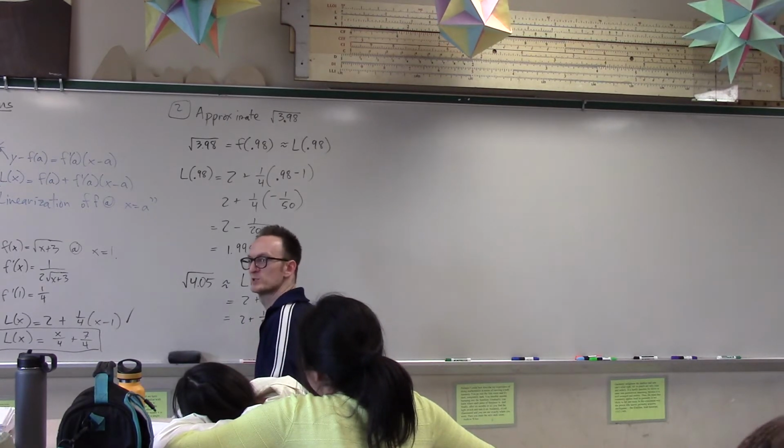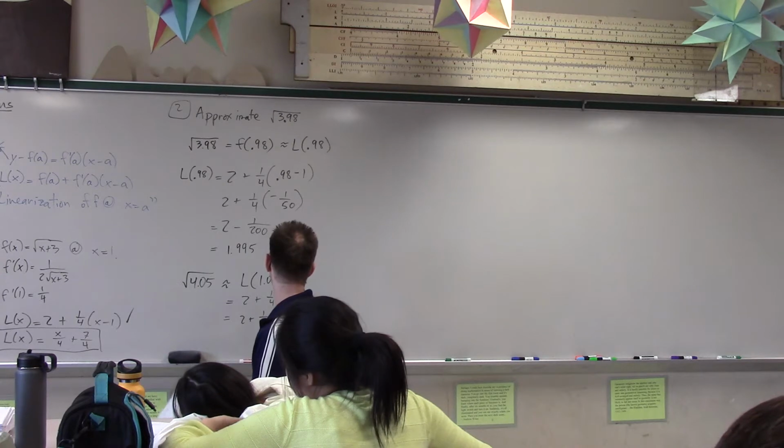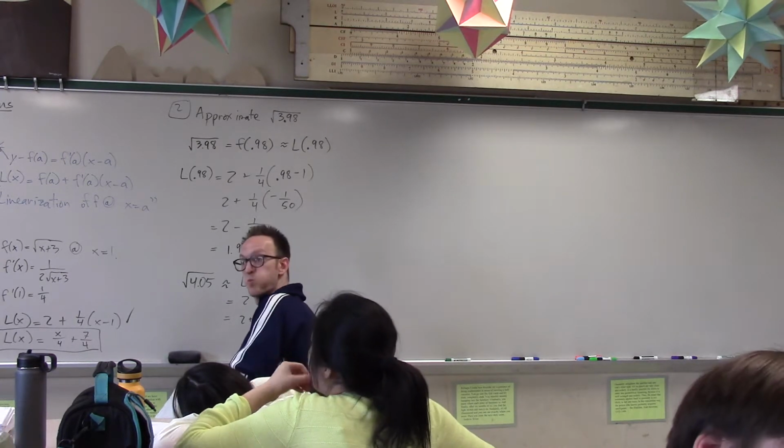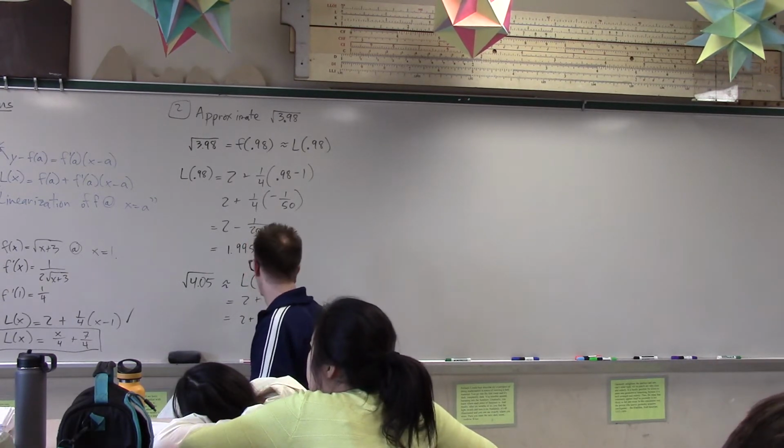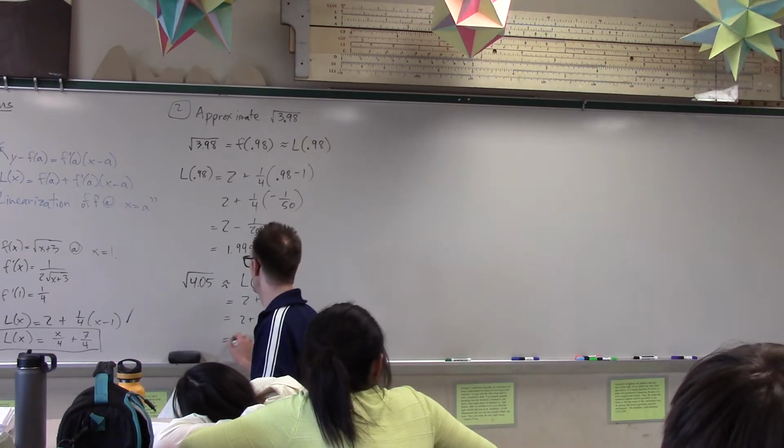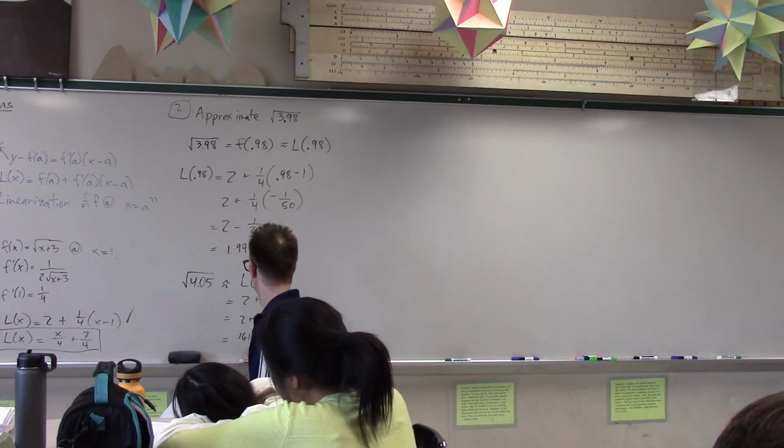And now I don't know what to do now. That's like something. 161 over 80. Yeah, but how do I do that in decimal?